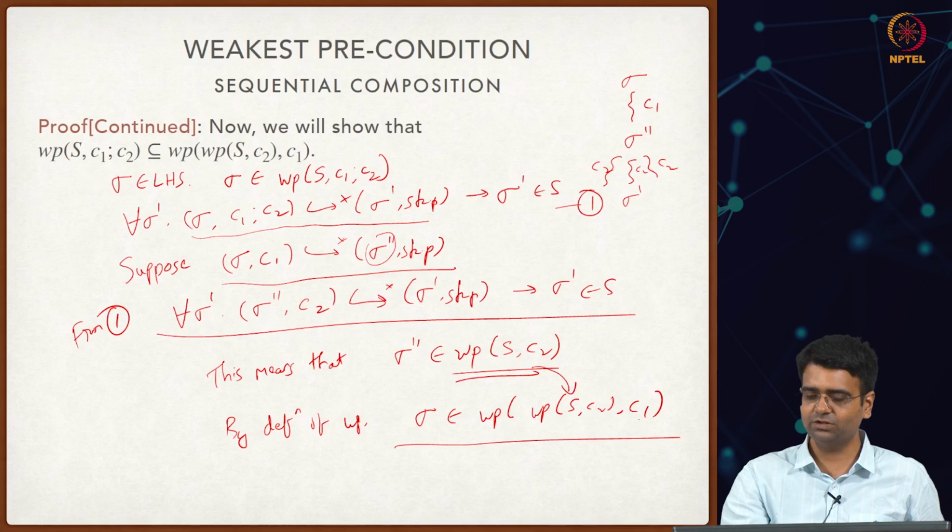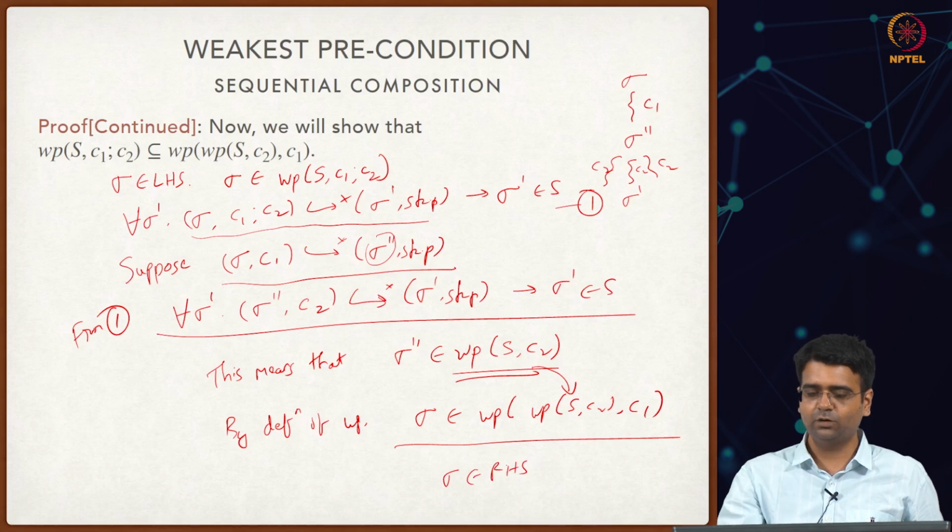So any execution of C1 on sigma is guaranteed to lead me to a state which is in WP S comma C2, and therefore sigma itself must be in WP of S comma C2 comma C1, and this is exactly the left hand side, right. So sorry, right hand side. So we have shown that sigma belongs to the right hand side. Okay. So this completes the proof that the left hand side is also a subset of the right hand side, right.